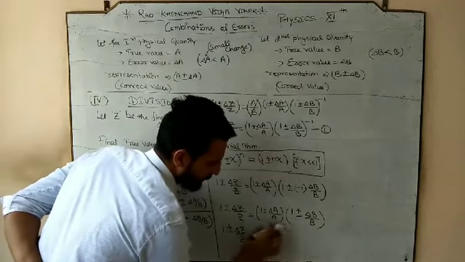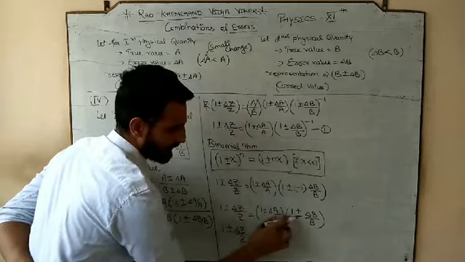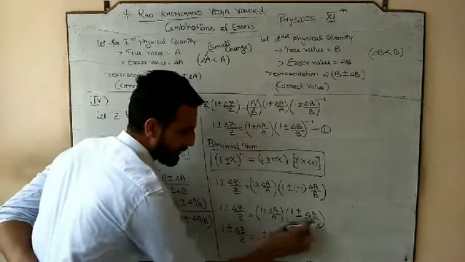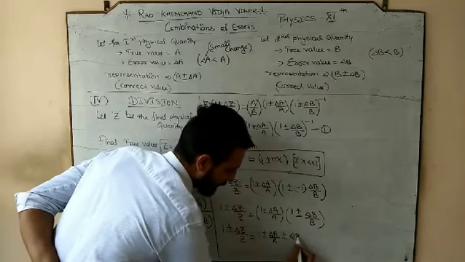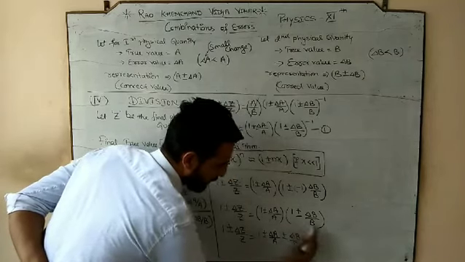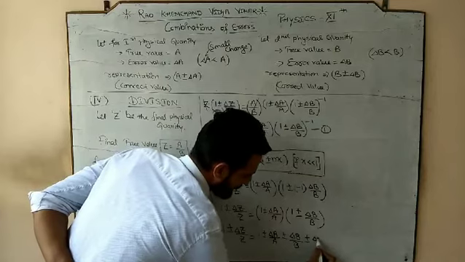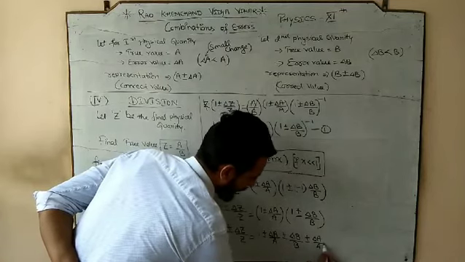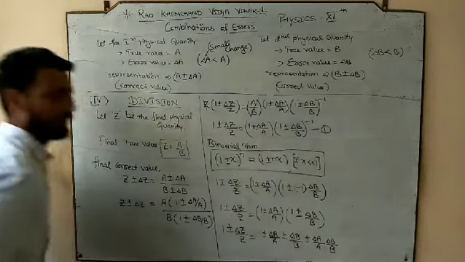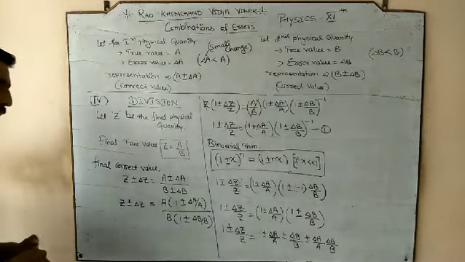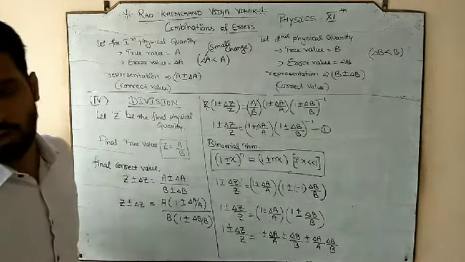Then 1 multiplied with the 1, delta a multiplied with that, 1 multiplied with the delta b by b. So it would be delta b by b, and finally plus minus delta a by a into delta b by b. So after opening the bracket, this is the expression that we got.